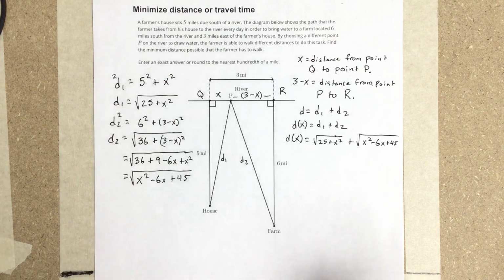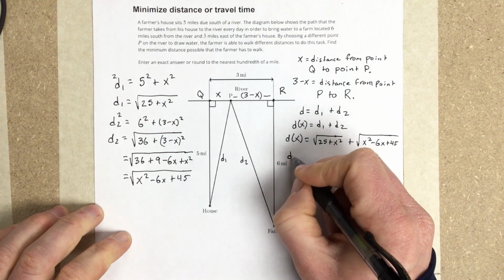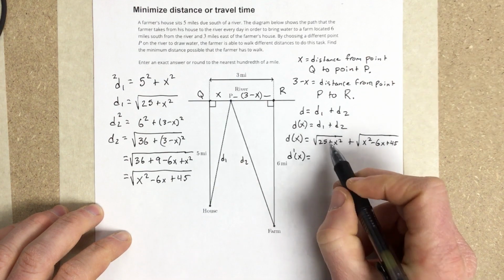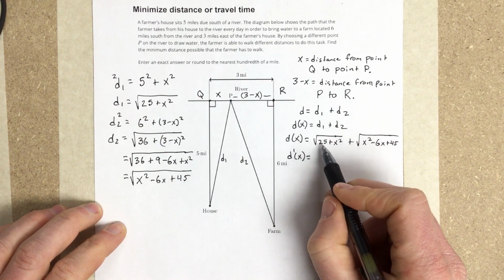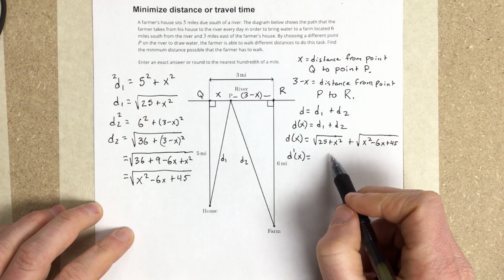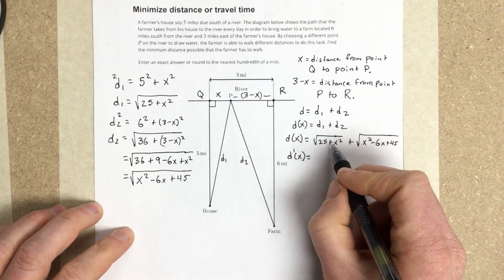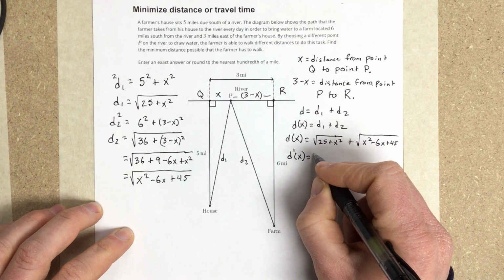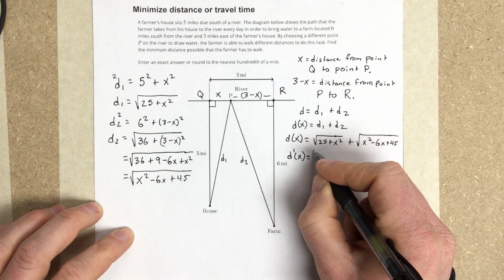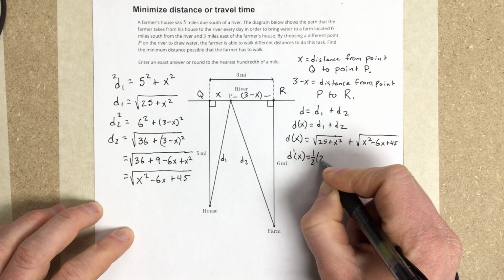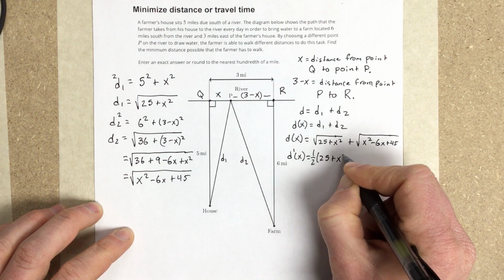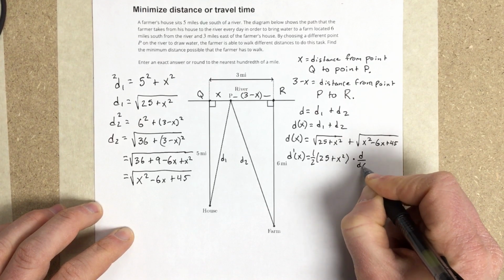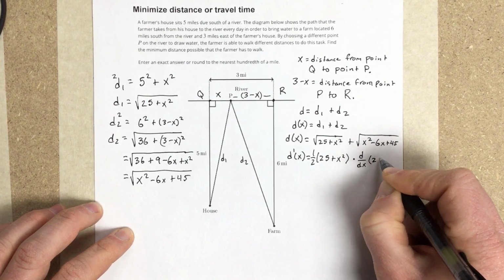Now we're going to take the derivative on each side. So we're going to do, say, D prime of x is equal to, and when we take the derivative of root 25 plus x squared, first of all, we're going to have to do a chain rule here. So we're going to have 1/2. So this is all to the 1/2 power. So that'd be 1/2 (25 plus x squared) times the derivative of the inside.